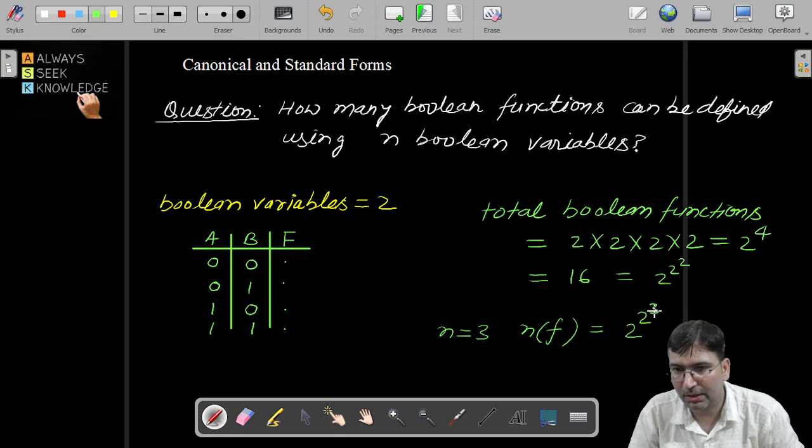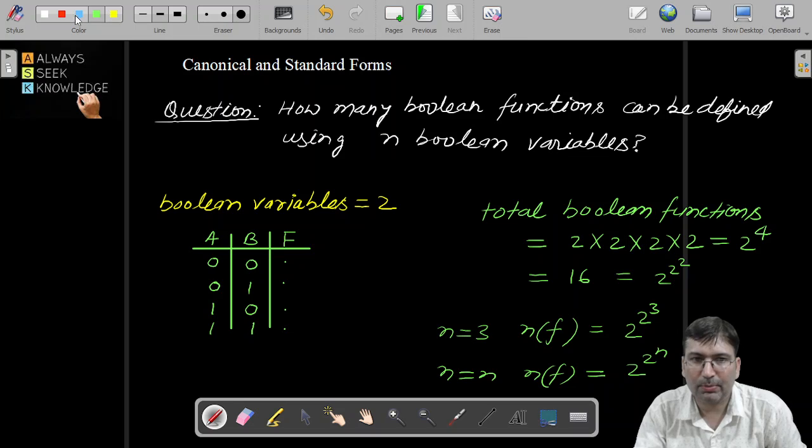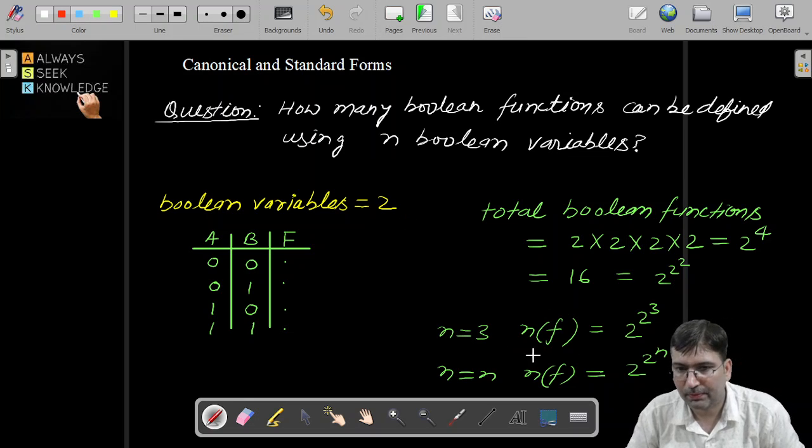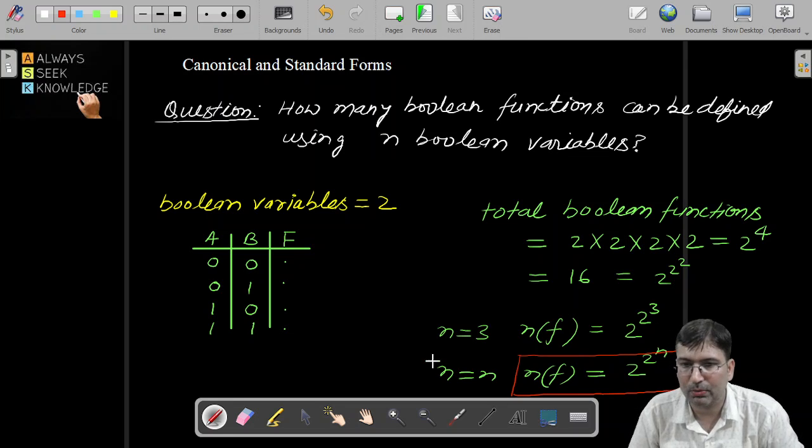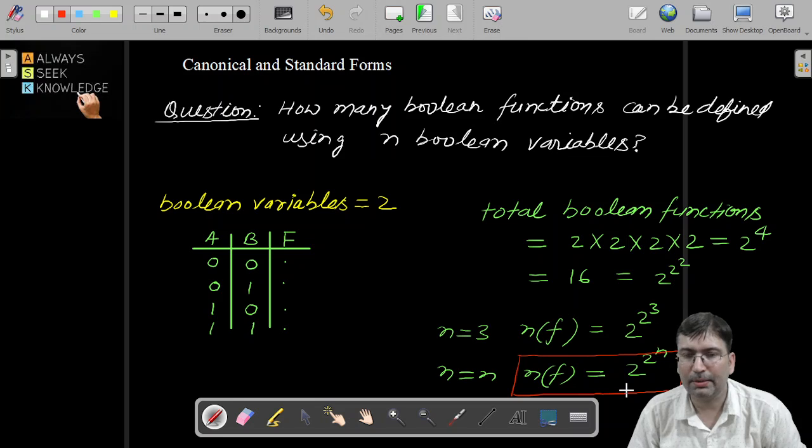If there are n Boolean variables, then the number of Boolean functions you can write as 2 to the power n, right? So let me highlight this. You can remember this as a fact. If n Boolean variables are given, the number of Boolean functions which can be defined out of n Boolean variables is 2 to the power n, right?